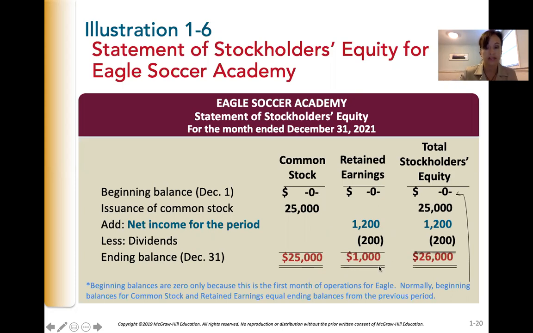We've retained $1,000. And then your total column, 0 plus 25,000 plus 1,200 minus 200, you're going to get $26,000 for total stockholder equity. You could also add your column totals across. 25,000 plus 1,000 equals 26,000. So those two numbers should end up being the same. And that is a statement of stockholder equity.